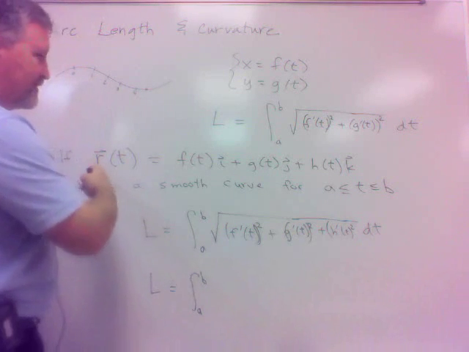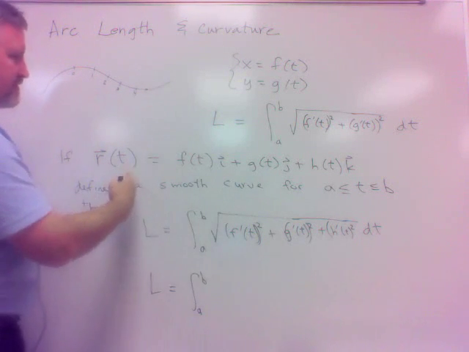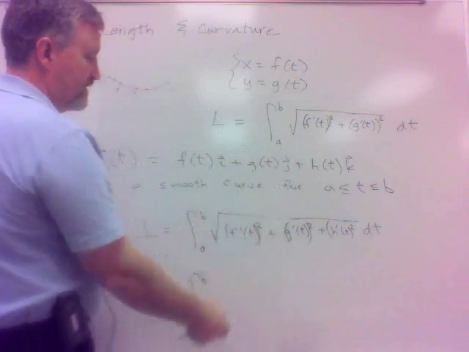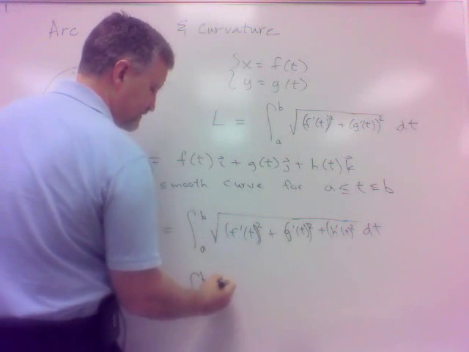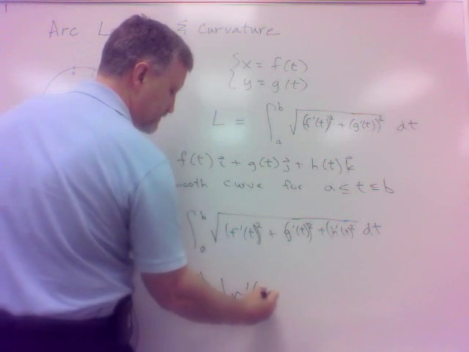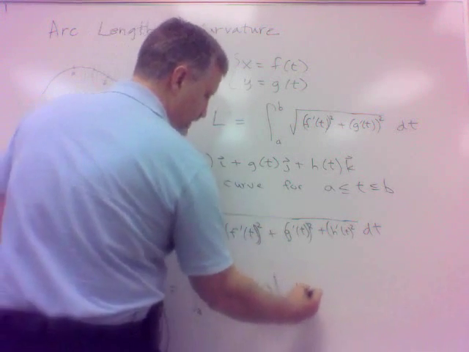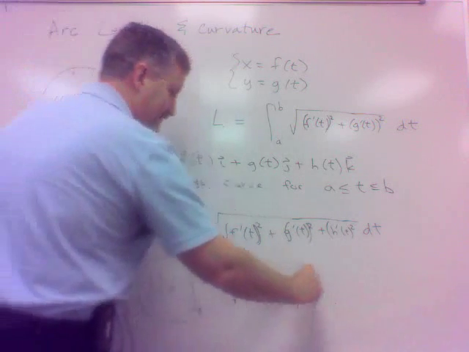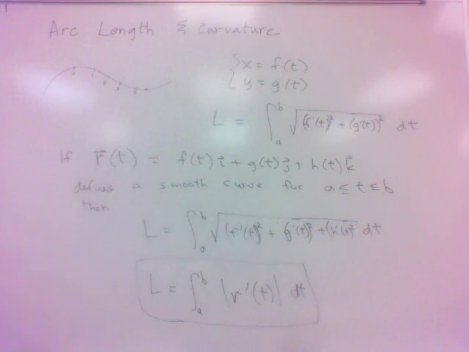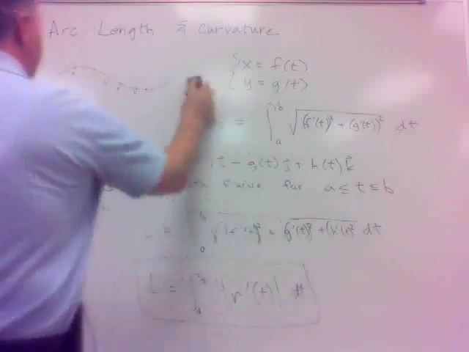If this is our vector function, then the derivative would be f prime of t i plus g prime of t j plus h prime of t k, and that's just the magnitude of the derivative function, which we can denote this way. That's a much more compact, nicer way of remembering it. It's just the magnitude of the derivative vector.